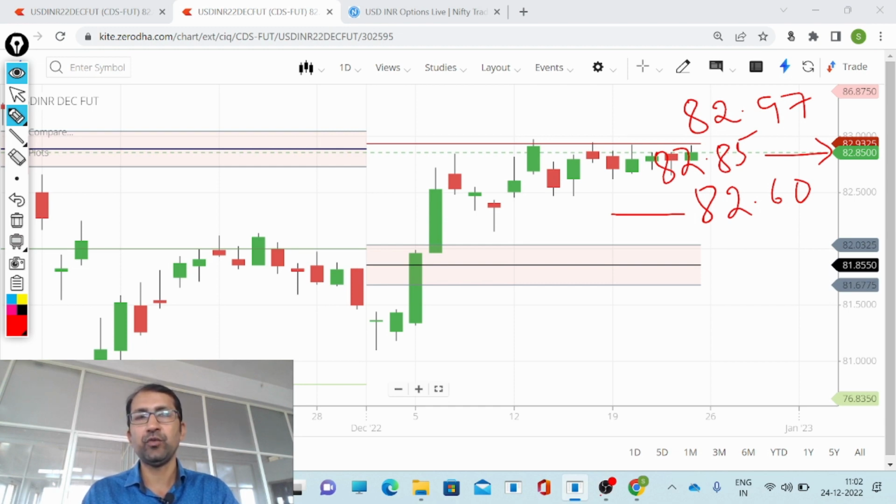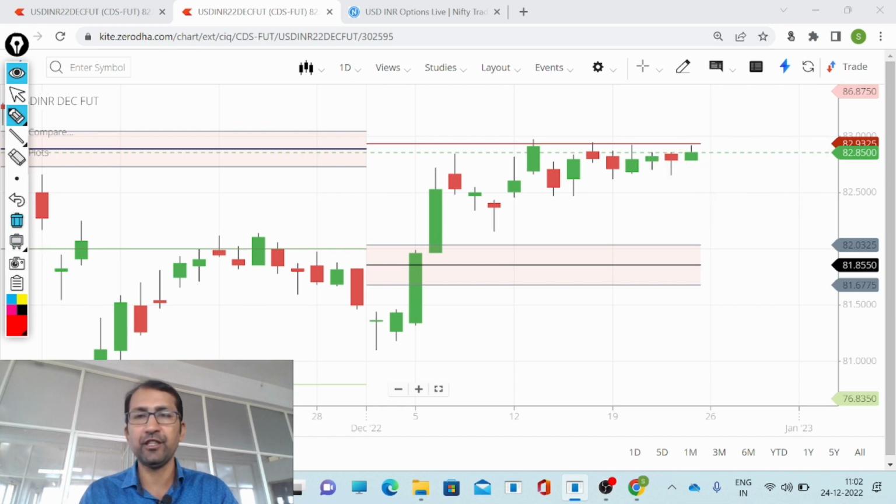And on 23rd, the crude oil prices have gone up. So that also is very negative for the USD INR. And the surge in COVID in China and even in India is not a good sign for the USD INR. So now it is trading at 82.85. So now how should you take your trade on Monday morning.